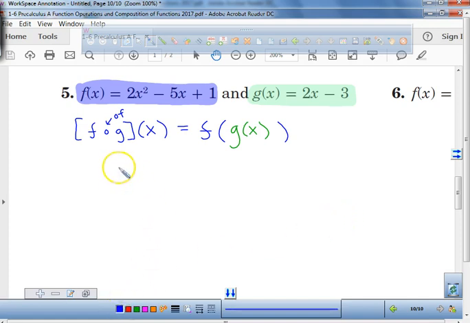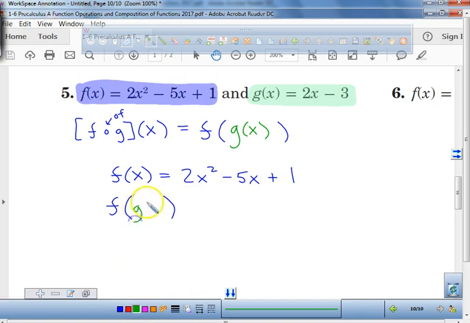So right now, if I said F of X is equal to 2x squared minus 5 times x plus 1, that's what your equation is when you're plugging in an x. But we're going to do something a little different. We're going to say F of, not x, but G of x.